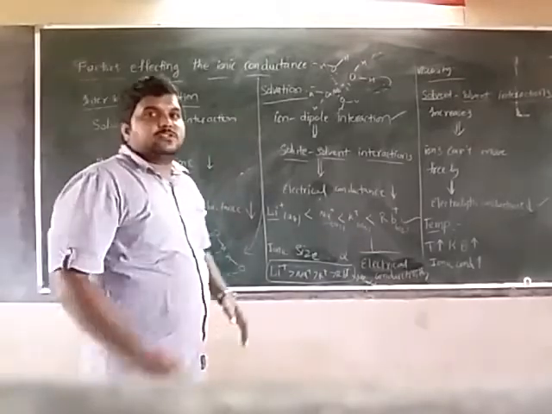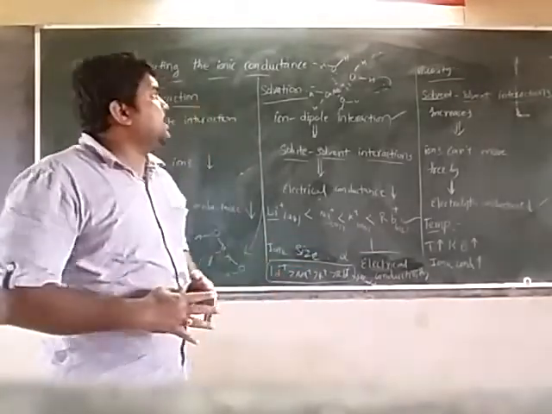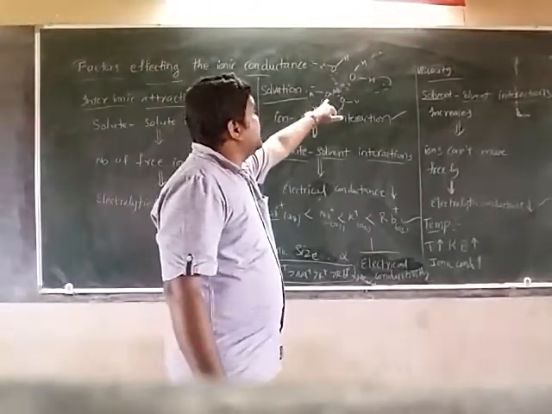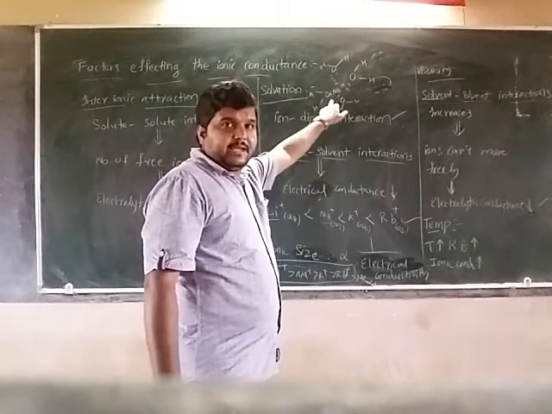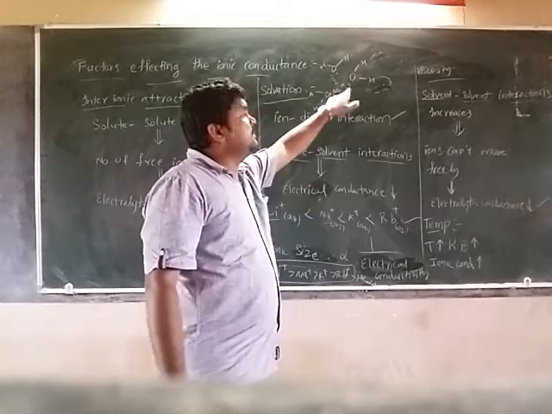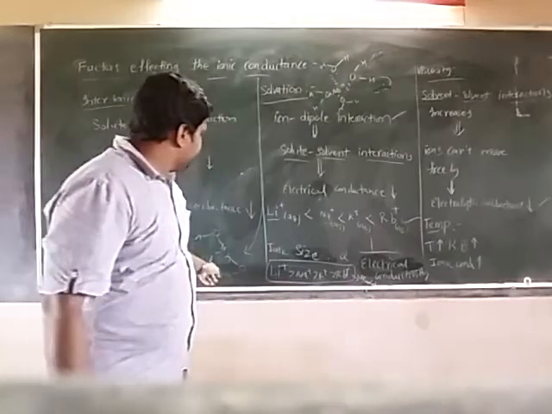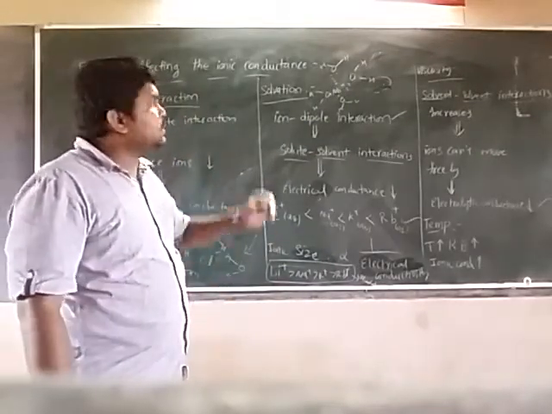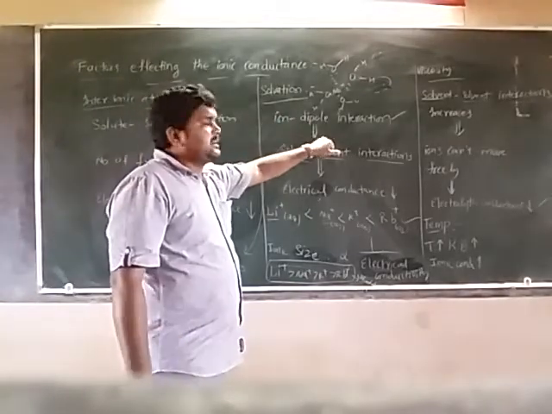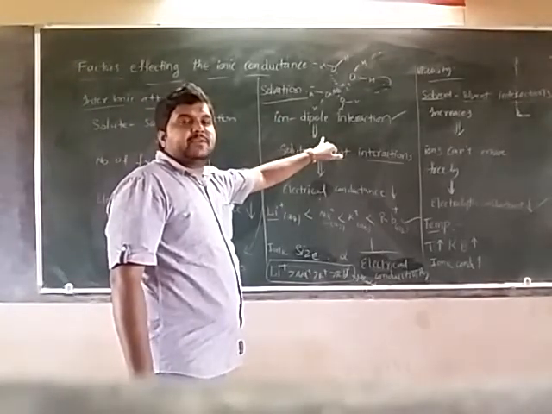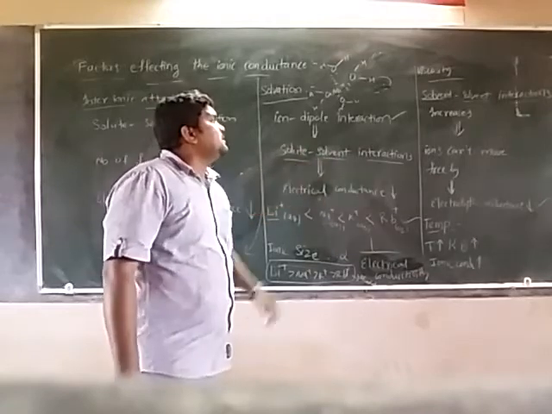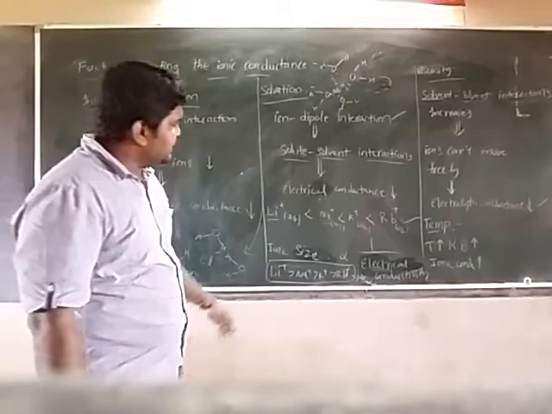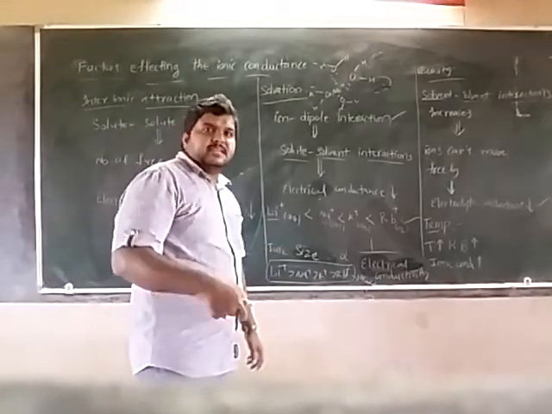Next, solvation: water molecules surround the ions, like Na plus surrounded by H2O molecules and Cl minus also surrounded by water molecules. Because ion-dipole interactions increase, solute-solvent interactions increase, and finally electrical conductance decreases.